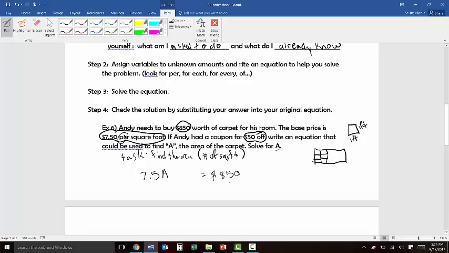And then the only other thing we know is he had a $50 off coupon. What that would do to spending is take off $50. So there's your equation. And then we just work backwards to solve. Add 50 to both sides. That gives us 900, and then finally divide.